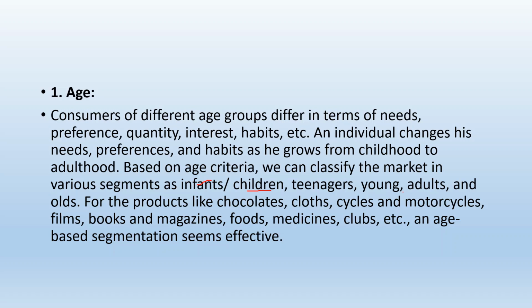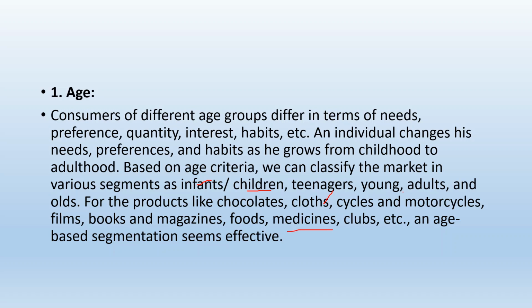Then teenagers, most of the time teenager clothes, the varieties of clothes. Then young adults, cycles, motorcycles. Even films: some are based on children's work, and some have rash films. So films are also divided on the basis of age group. Books, magazines, food, medicines also.